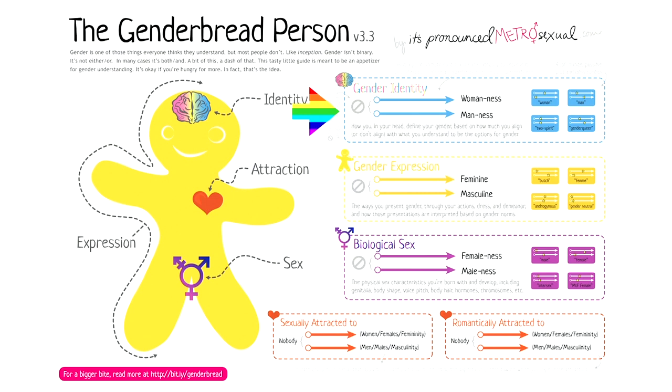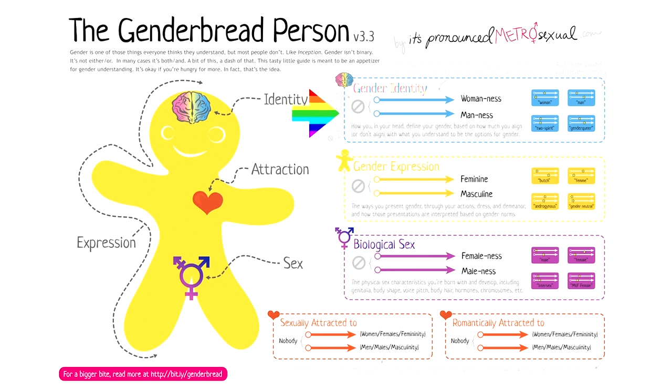Then we have manness from 0 to max. And an individual can have a degree of either one of those. They can have some degree of womanness, some degree of manness in terms of their own gender identity.